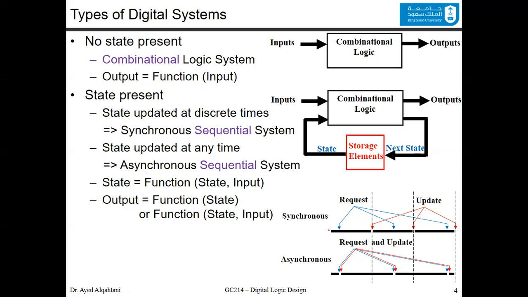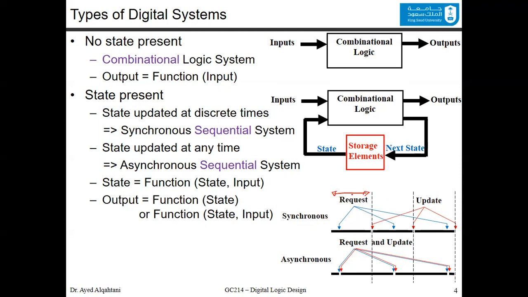So if the request happens at any time here, the update happens only at the end of this period. For example, in the other period, the request happens here, and the update only happens at the end. In the third period, the request happens here and the update happens at the end. This is what we call a synchronous system.